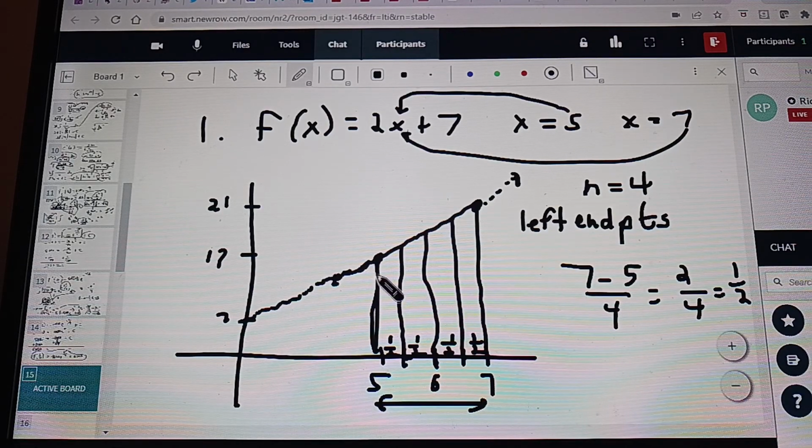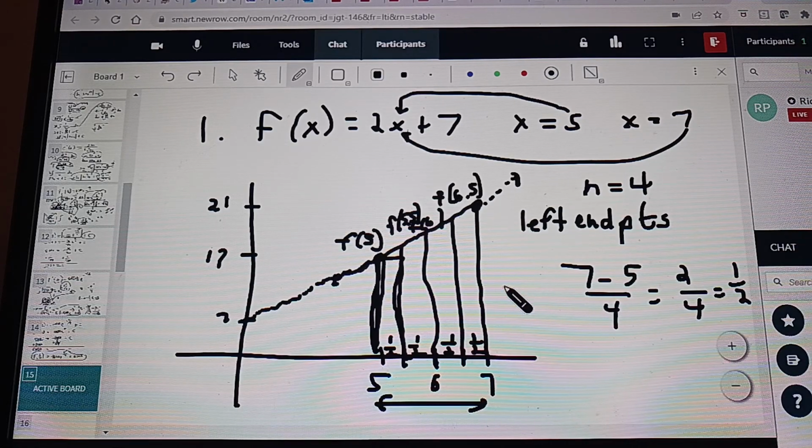So if I start when x is 5, then f of 5 is the height of what's going to be a rectangle right here that's only going to go like that. So you're just going to plug in f of 5, f of 5.5, f of 6, and f of 6.5.